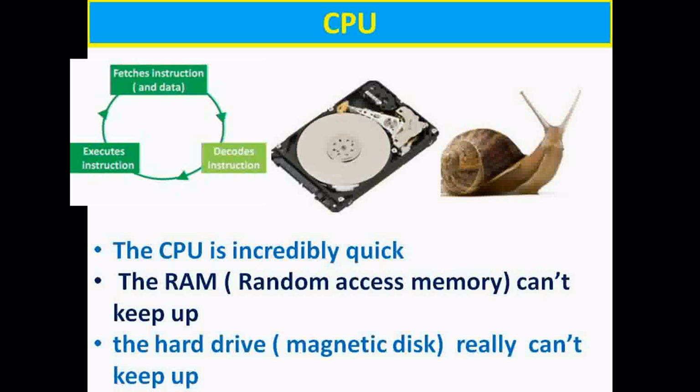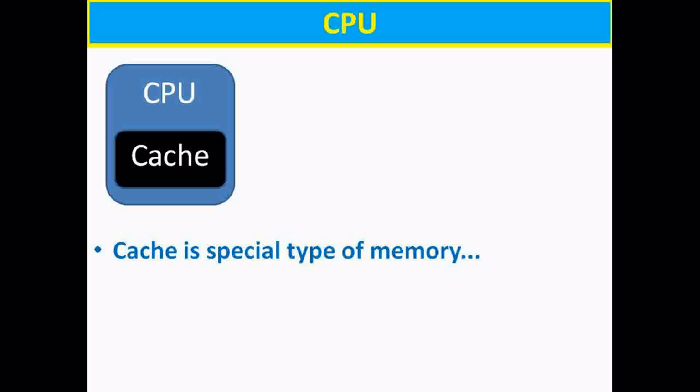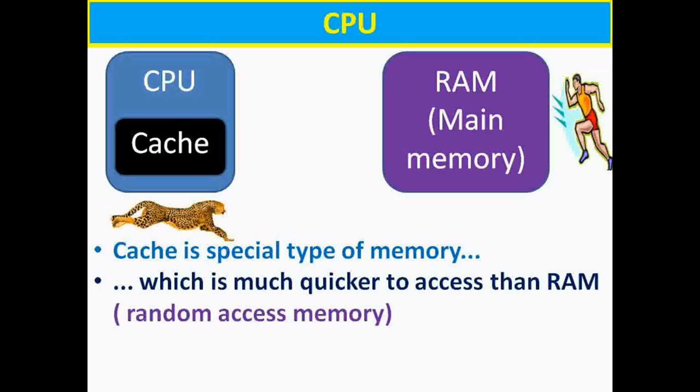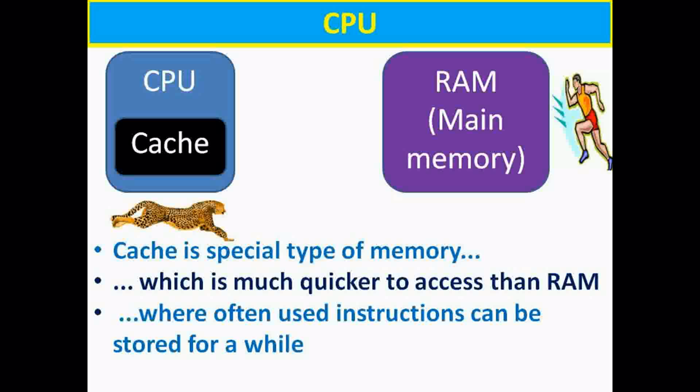To get around this problem, it has cache memory. Cache is a special type of memory. It's much quicker for the CPU to access than RAM. And the cache stores often used instructions for a short period of time. This means it doesn't have to spend quite so long looking in the RAM or the hard drive for the instructions or data for it to carry out.